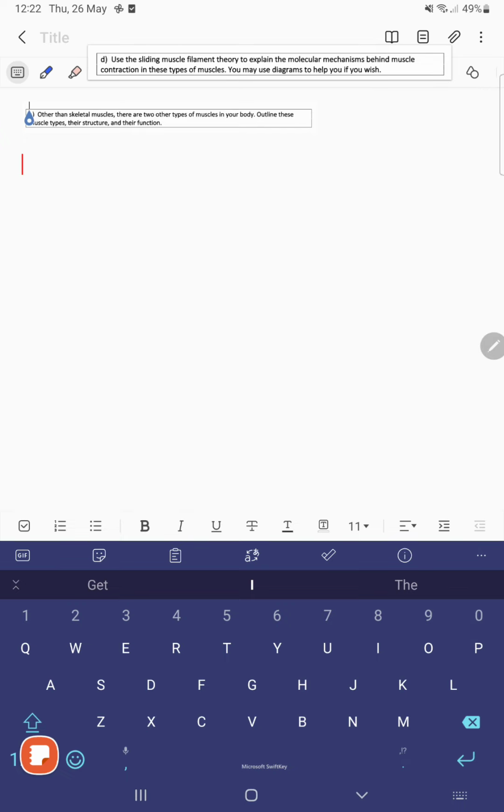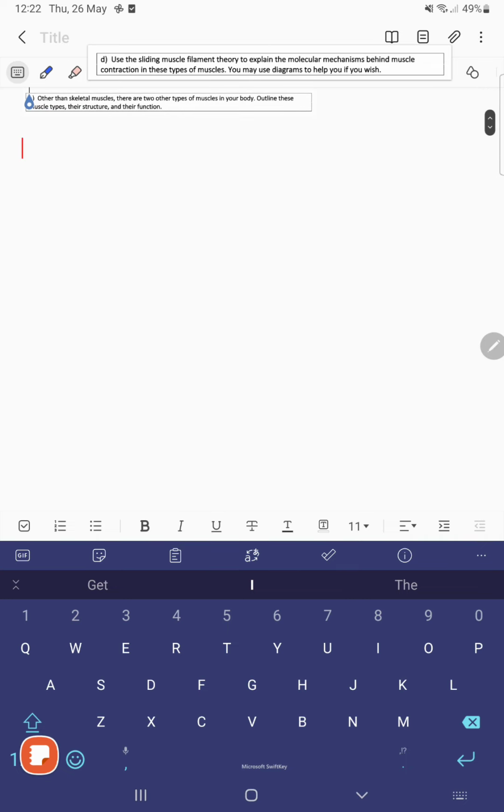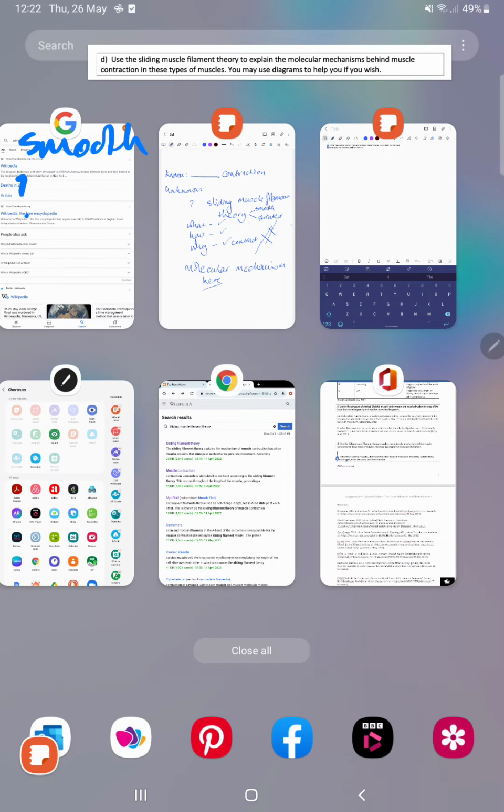Now, we've got skeletal, and then which are the striated, but then we've got smooth, so I don't know why the pen's so big, and then there's an unknown one. And I can't remember from my theory, so we will go back to our Wikipedia.